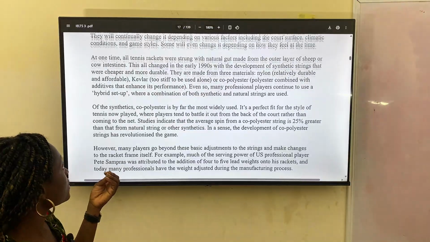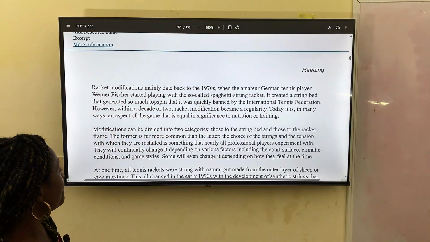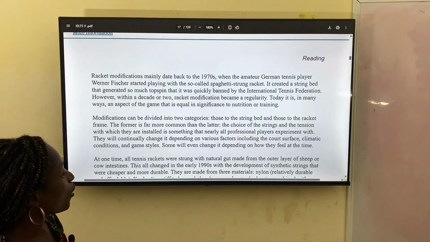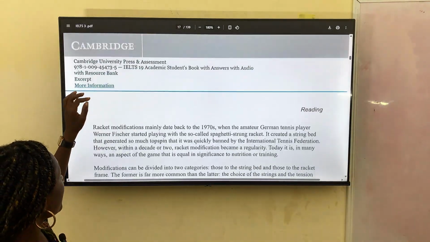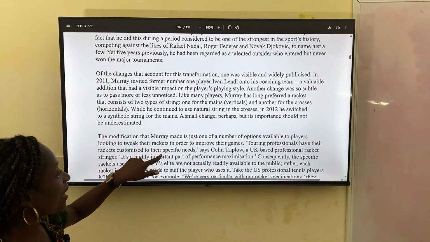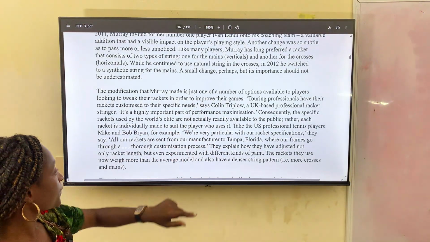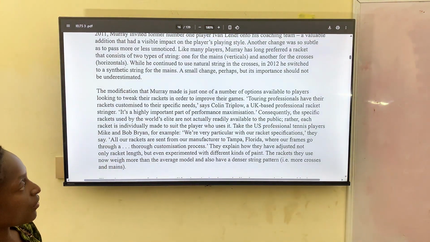And I think that should be in the fourth paragraph. Yes, this is where we have it.